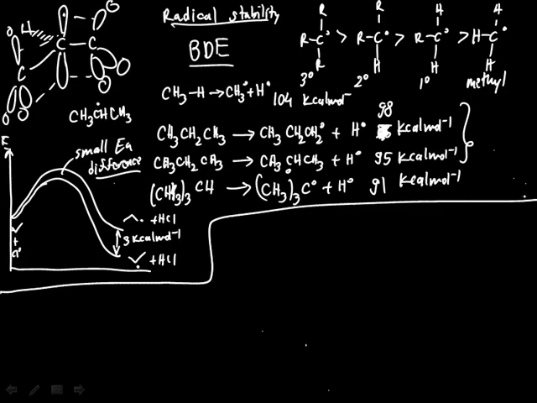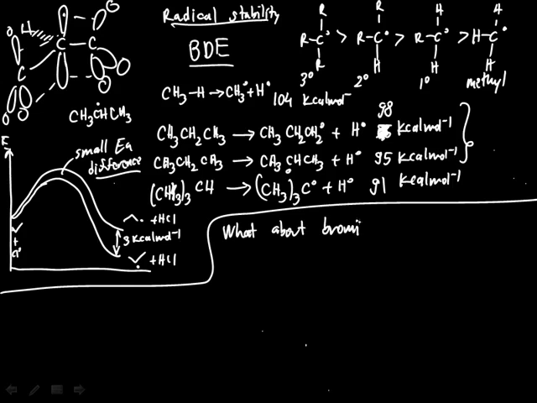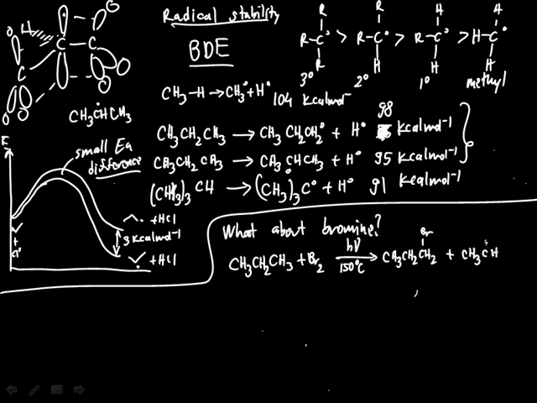But what about different halogens? What about bromine? How does bromination work? What are our effects in bromination? And so if we look at our reaction with propane and bromine, and we expose this to light, but now we also need to heat this to 150 degrees because bromine is less reactive, then we'll get our primary bromide, and as expected, the secondary bromide.